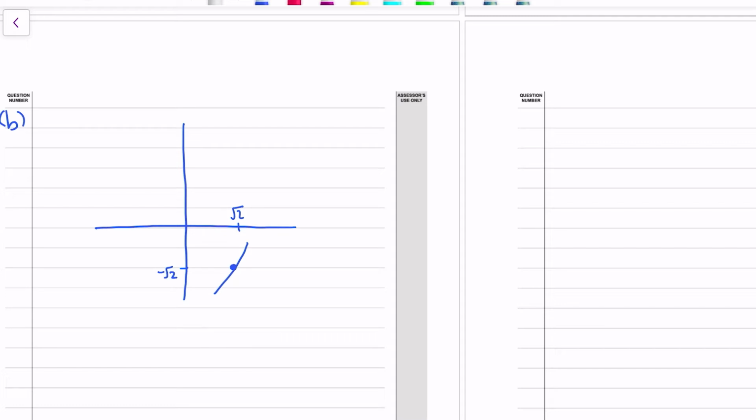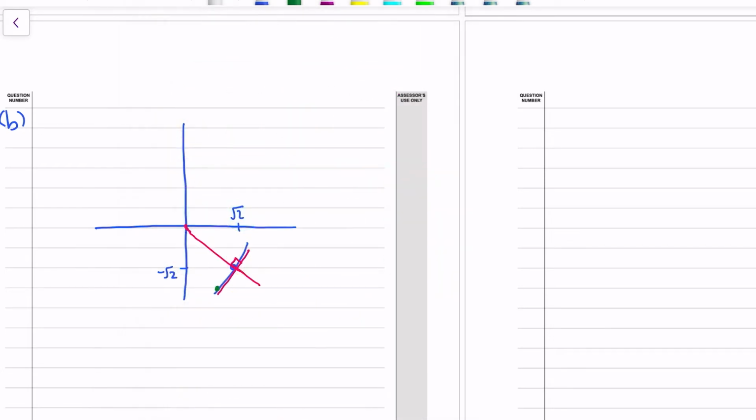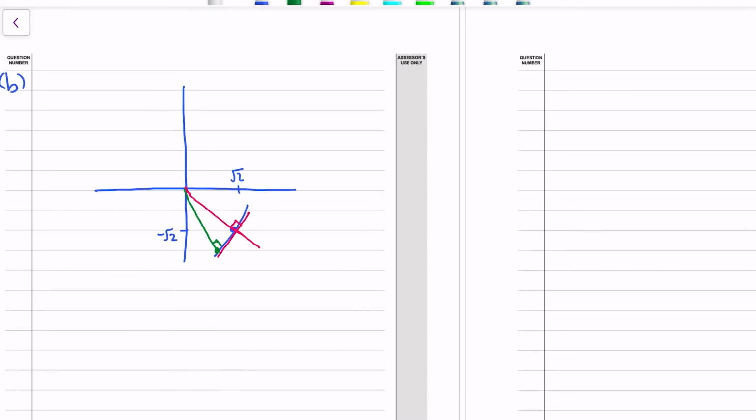And we know that its tangent is the line that has a slope the same as the curve, but its normal has to pass through the origin. And that's at any point on the curve. So if I take another point on the curve, such as this one, the normal there also needs to go through the origin. It's a circle, because in a circle, the radius is always perpendicular to the tangent.